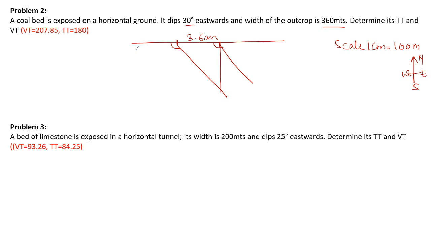If I measure the distance from here to here, I'll get the VD. In the same way, if I draw a line which is perpendicular to both these lines, I'll get the value of TT also. Okay, I think that line has disappeared. You'll get the distance of TT also. This is how the second problem can be solved.